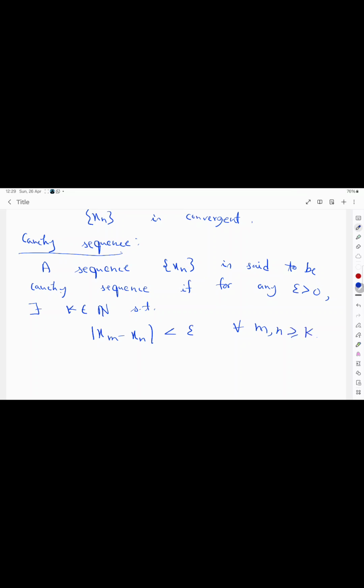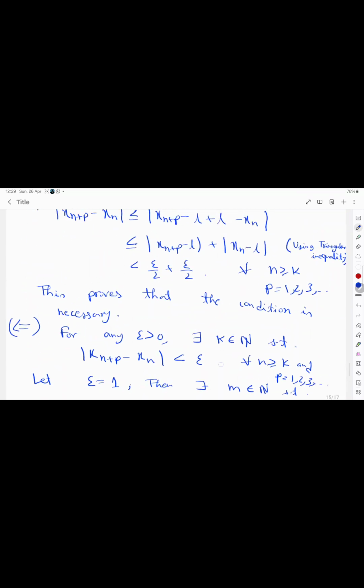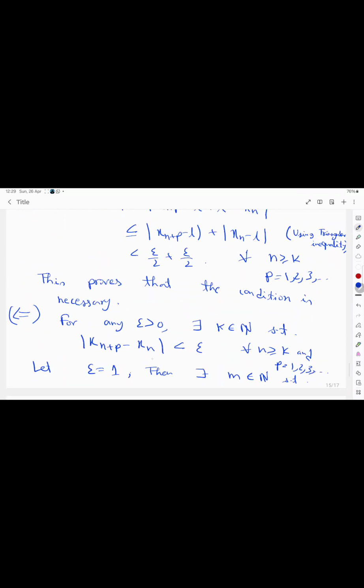You just observe this thing, that this m and n, and instead of that your xk plus p minus xk, these are similar things. Here you are using two variables m and n. You are not specifying which is larger. Maybe m is lower, but you have the modulus, right? A similar thing here also. Here you have written xn plus p minus xn.